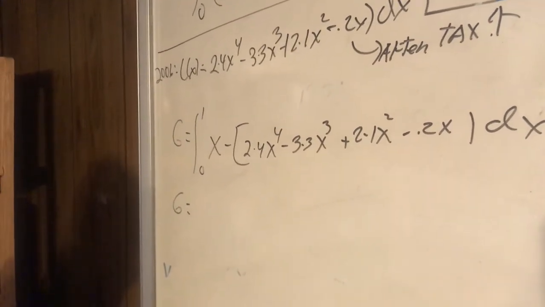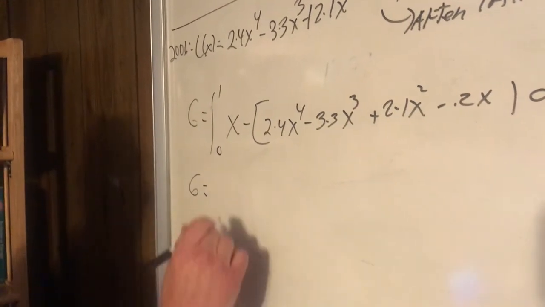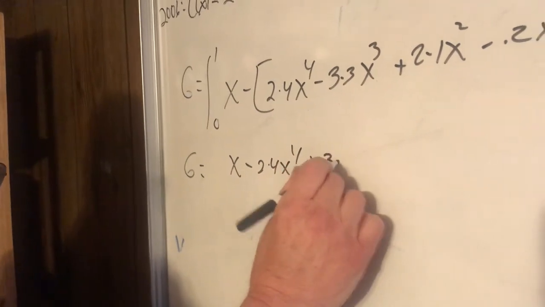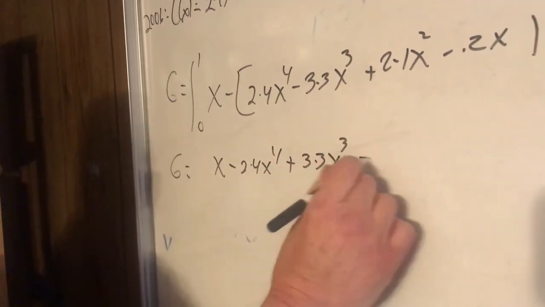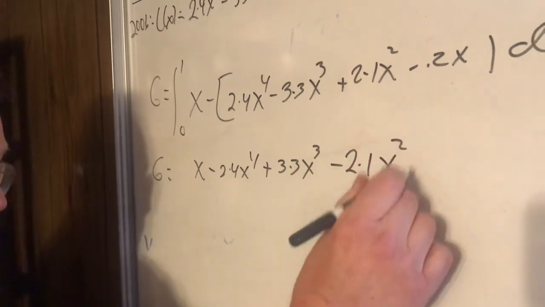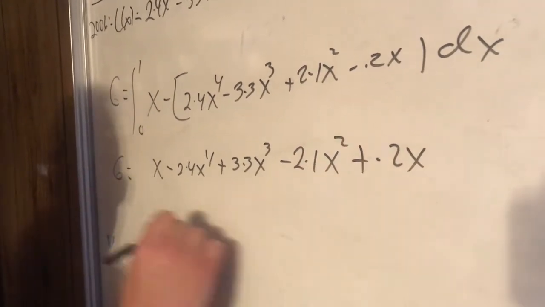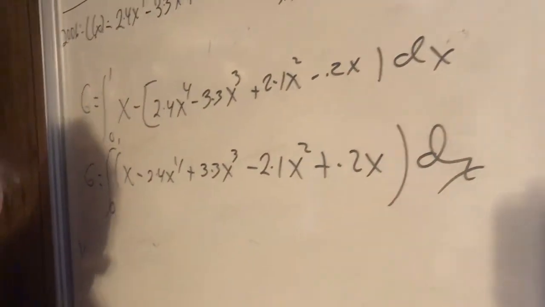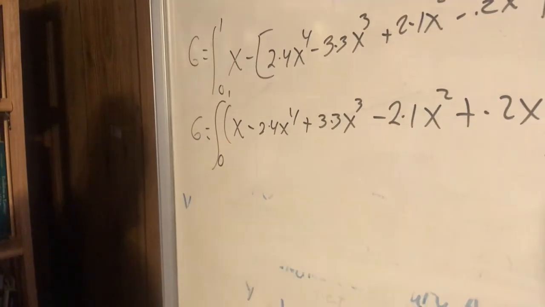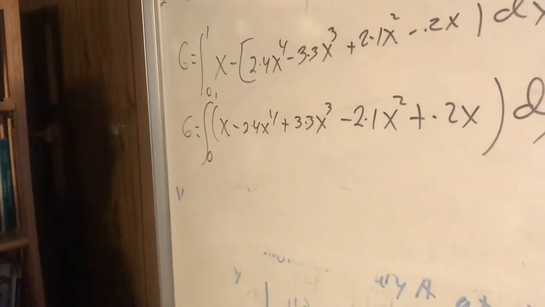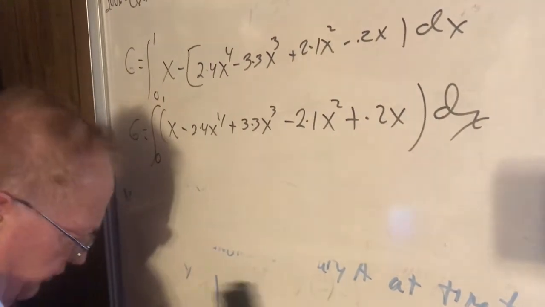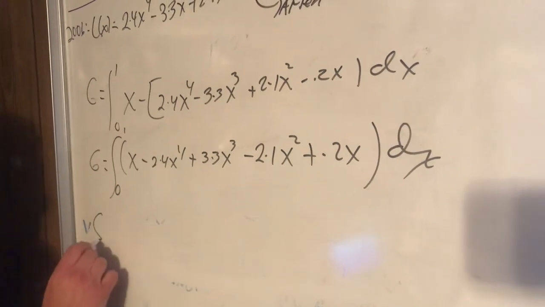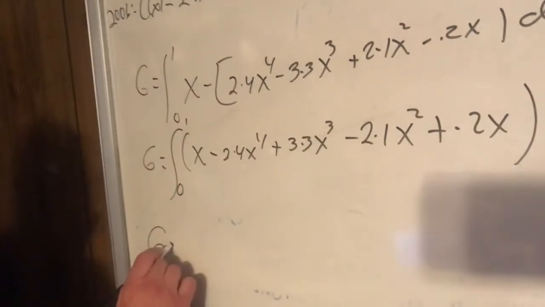Okay. So what we're going to get here is x minus 2.4x to the 4th plus 3.3x to the 3rd minus 2.1x squared plus 0.2x dx. All right. Let's clean that up a little bit, subtracting the x's and doing everything separately. G is actually going to look like this.